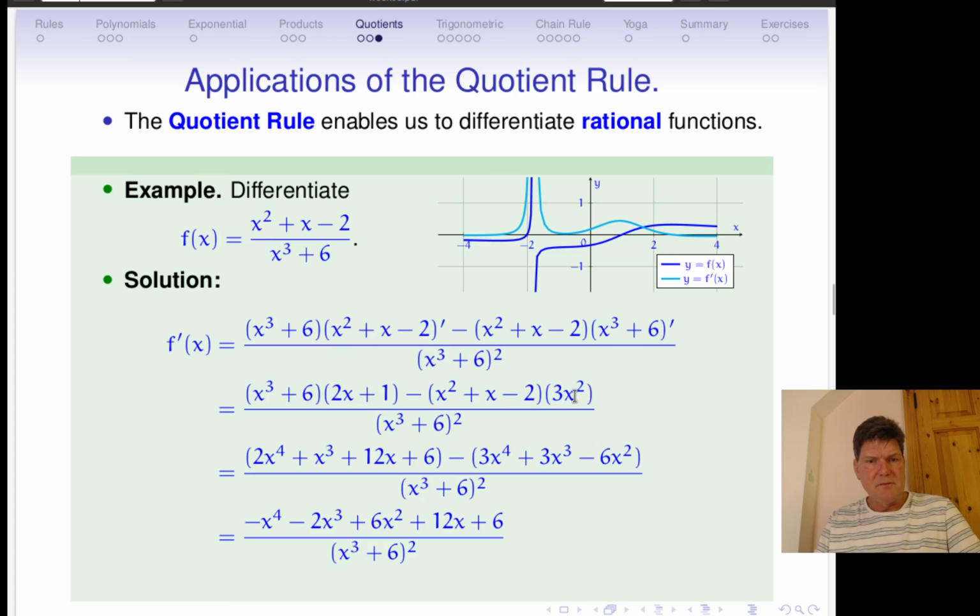And if we then fill this all in, we multiply these out to expand these two products of polynomials, and then we calculate the difference between the two and find that the derivative of this function is minus x to the 4 minus x cubed plus 6x squared plus 12x plus 6 divided by the square of x cubed plus 6.